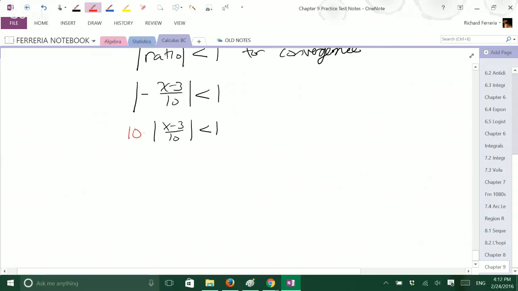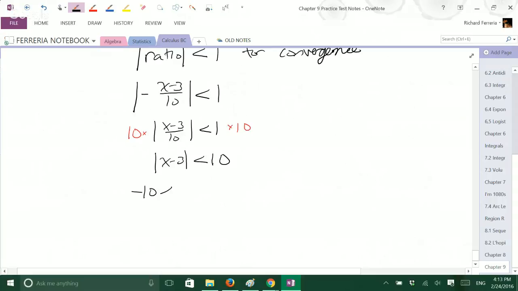We get the absolute value of x minus 3 is less than 10. Now that I have that, I can go ahead and start putting it into my notation here.